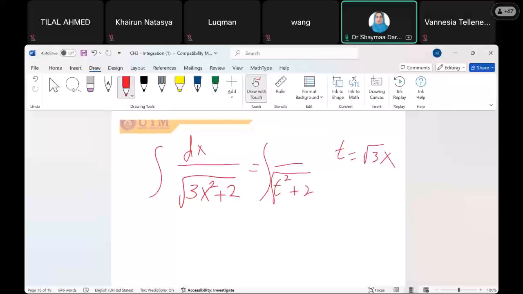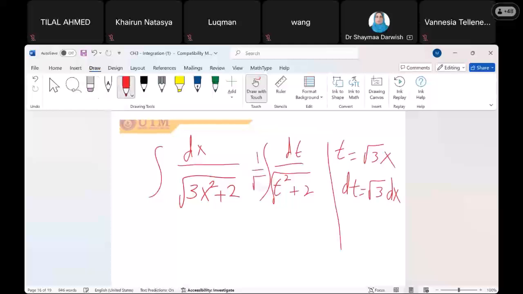So t should be square root of 3 x. Then dt equals square root of 3 dx. So here dx has to be replaced by dt over square root of 3.